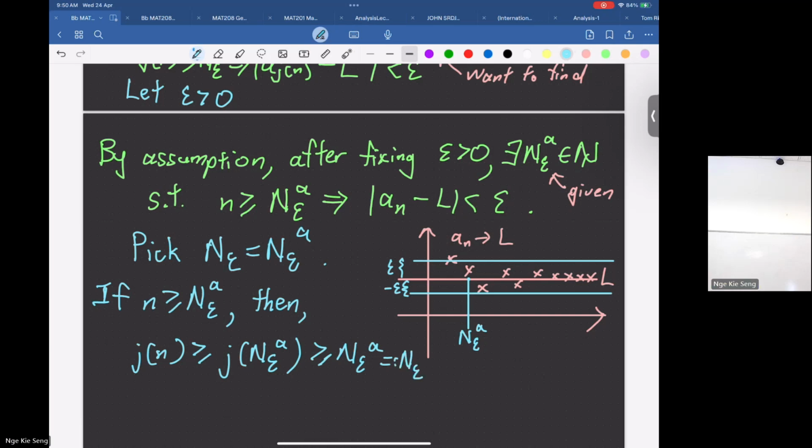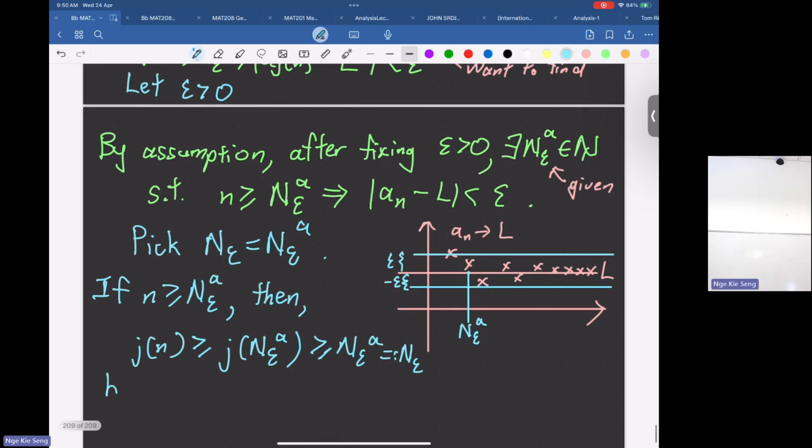Why? Because j is increasing. Only an increasing function can keep the inequality. Does it make sense or not?